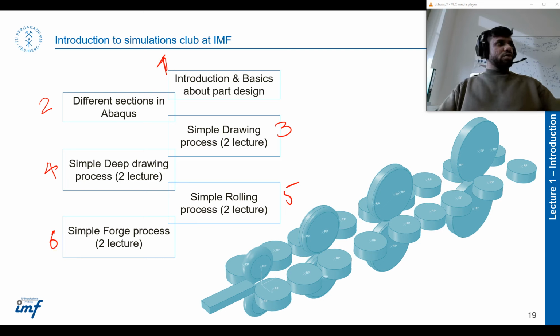It is also important to mention that it is a voluntary group. It is not compulsory for this course, but of course you can get more out of this course if you take part.